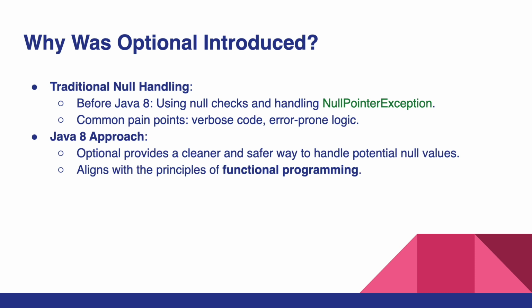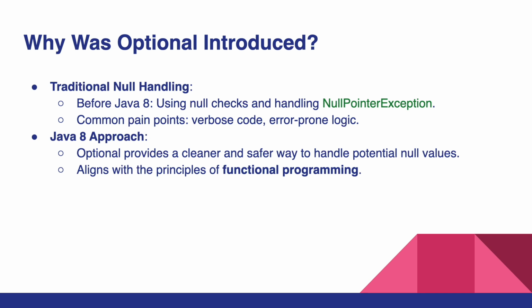First of all, let's understand why Optional was introduced. Before Java 8, null checks were part of nearly every Java project.